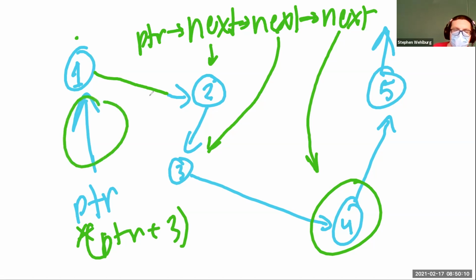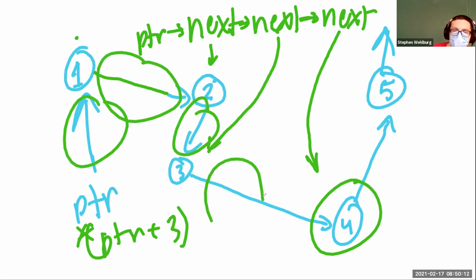So pointer's this, and then next, next, next. And so now we're there, and then we dereference that. I know this is a lot, but the goal I'm trying to get across here is you have to go through each element to get to somewhere in the middle, because the only way to get access to those is by following the chain of the linked list.